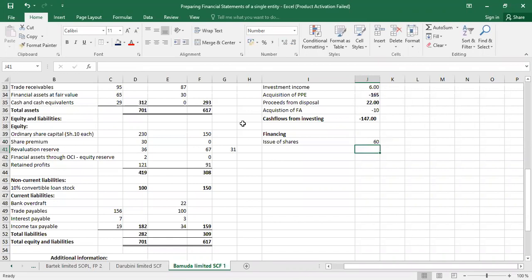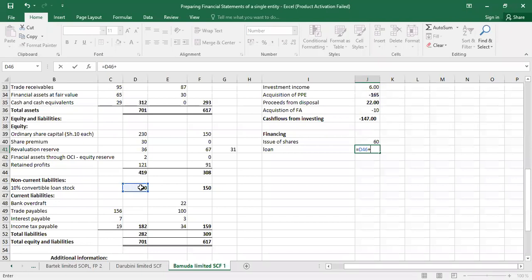Isn't it? That is how much you received from issue of shares. We go to the next thing, the loan. Now, current liabilities mainly come under financing. Loan being a liability, so current value.